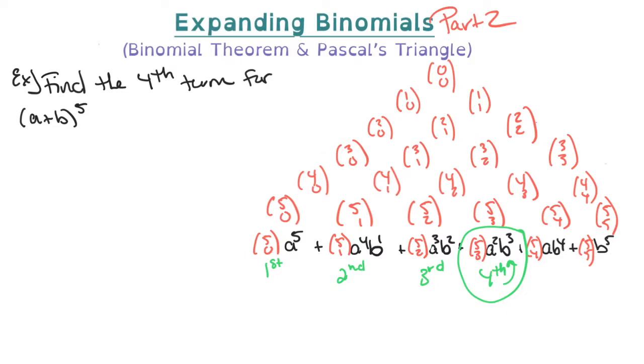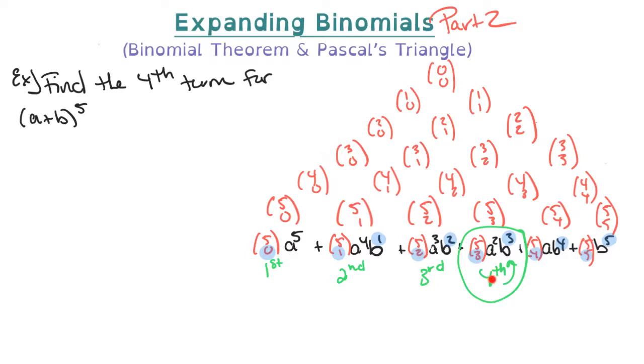But there is a cool pattern here. Notice every single time the exponent on the b matches the j version of our combination. Cool. So to find the fourth term, we are looking at the term that has one less exponent on our b's.